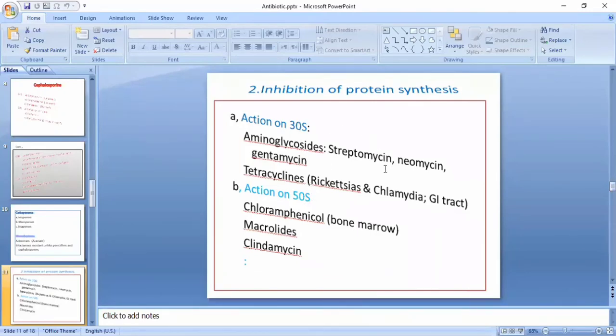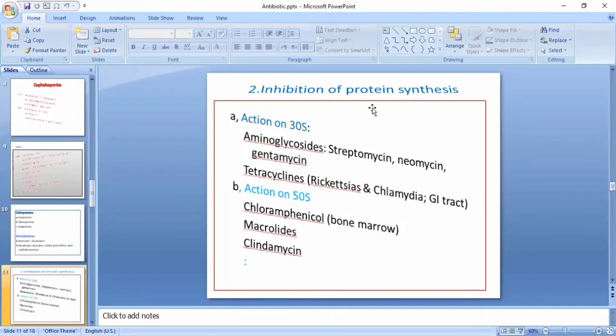In case of the bacteria, the ribosome is 70S, and these are the subunits of the 70S: 30S and 50S. While in case of the human being, the ribosome is 80S.